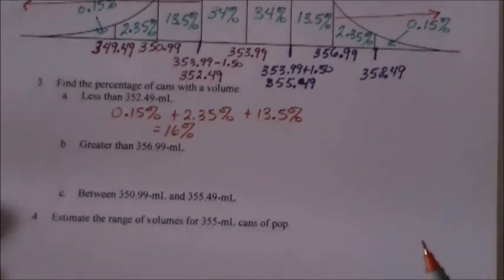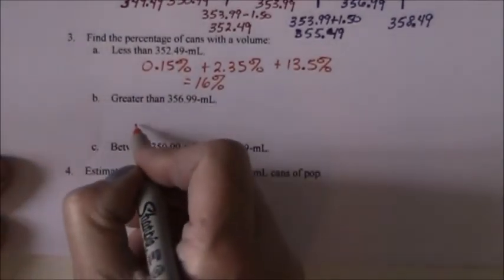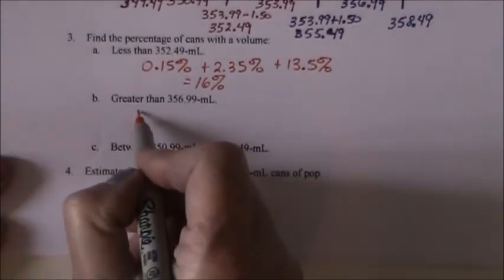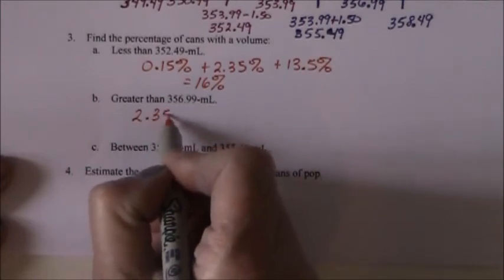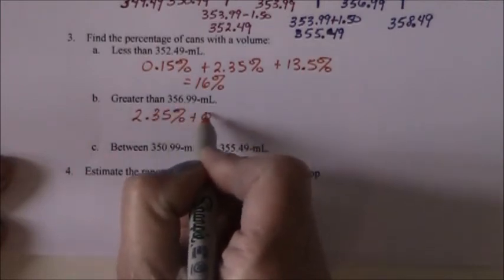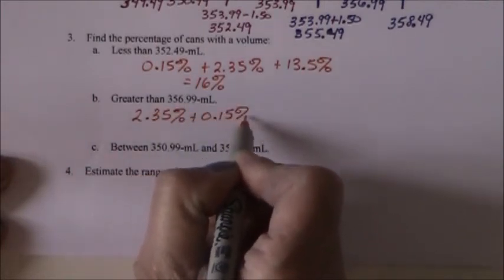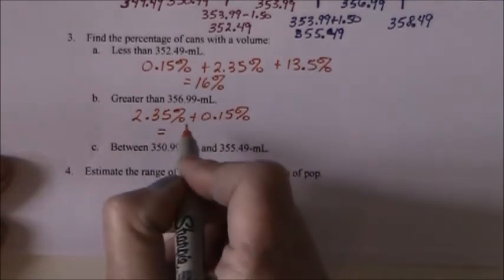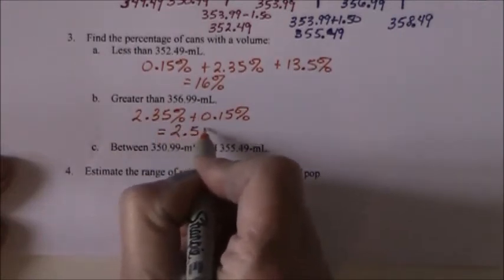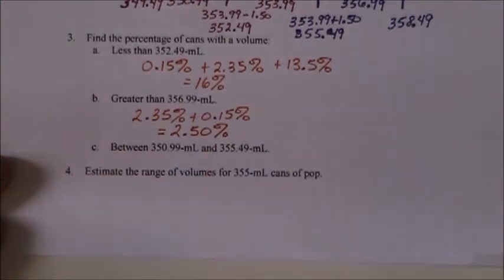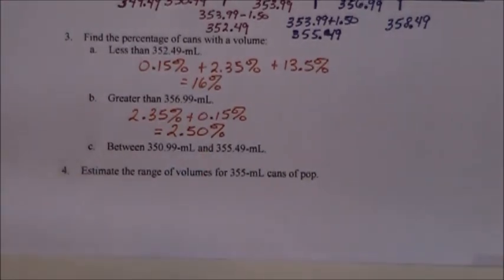So we're adding 2.35% plus 0.15%. And when we do that, we get 2.50%. So what this is saying is that 2.5% of the cans have a volume bigger than 356.99.